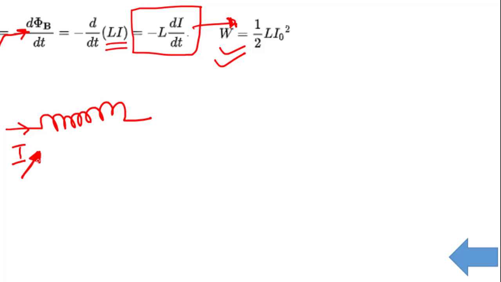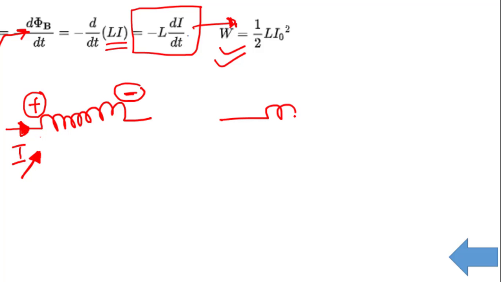If this current is increasing, the polarity of the voltage induced in an inductor will be like this, plus here, minus here, because this induced voltage will oppose the change in this current I. To block this change of the current flowing in the inductor, the voltage needs to be induced with this polarity.